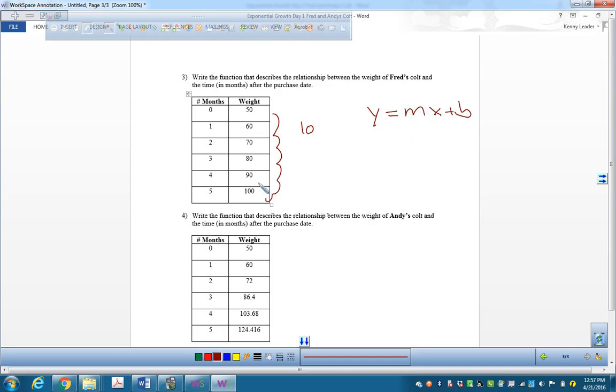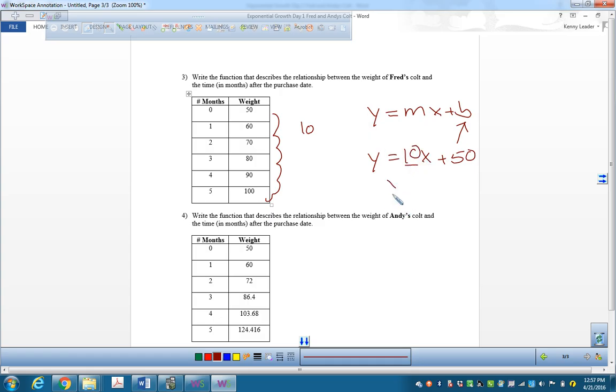Will you please put your phone away, Will? Okay. What's b in this case? 50, right? So y equals something x plus 50. Who can tell me what goes here? 10. That's it. Okay? y equals 10x plus 50.